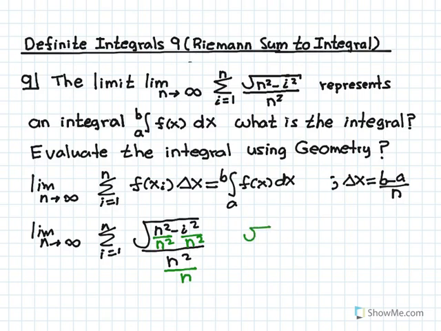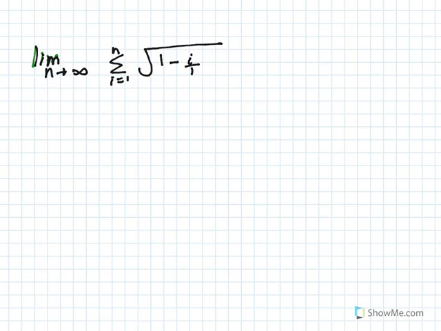The reason is the root of n squared is n when n is positive, and n is in fact positive because n is approaching infinity. So let's simplify this. We have the limit as n goes to infinity, i goes from 1 to n, root of 1 minus i over n all squared, divided by n.